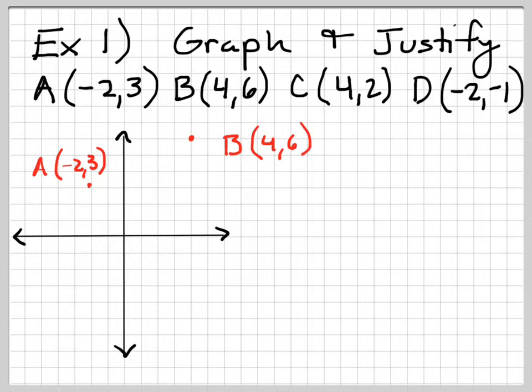Then I'm going to do C, which is to the right 4, up 2. C, 4, 2. And D is -2, -1. Left 2, down 1. D, -2, -1. And then I'm going to connect the dots.